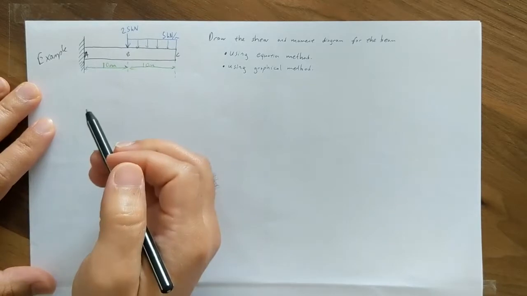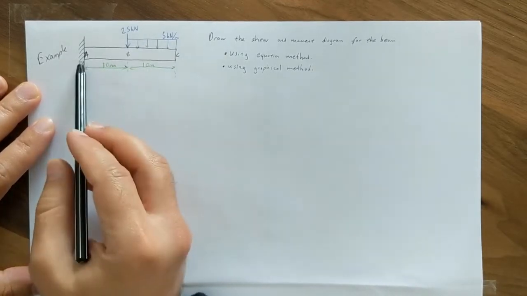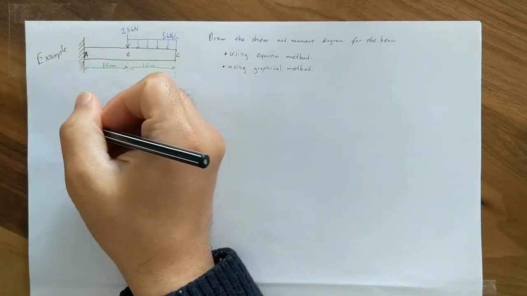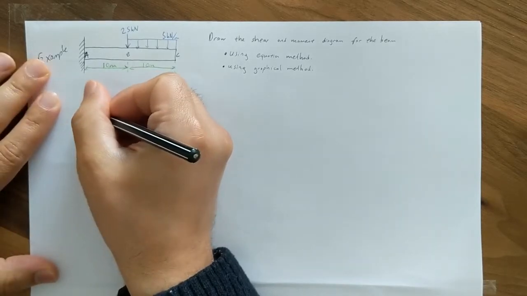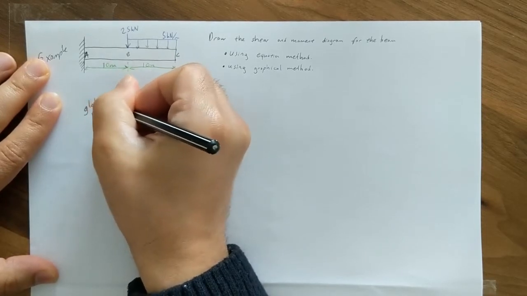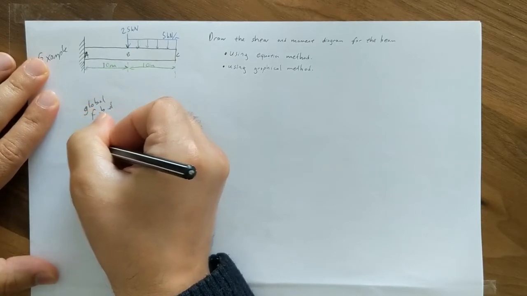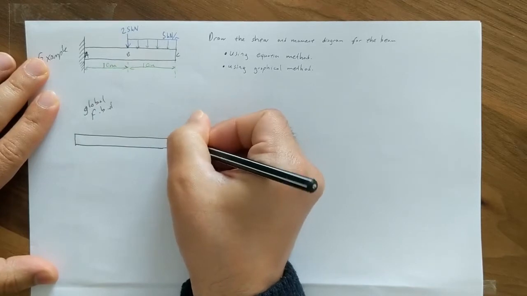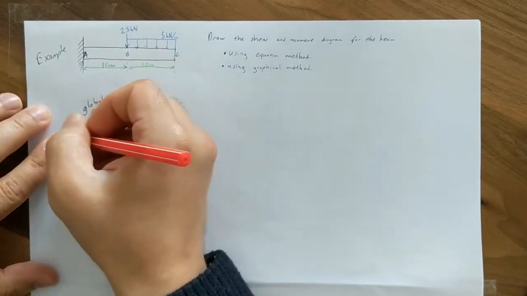The first thing we do for both methods is to figure out the reaction forces. In order to do this, we draw a global free body diagram of the beam. We free it from the support and show the reactions.